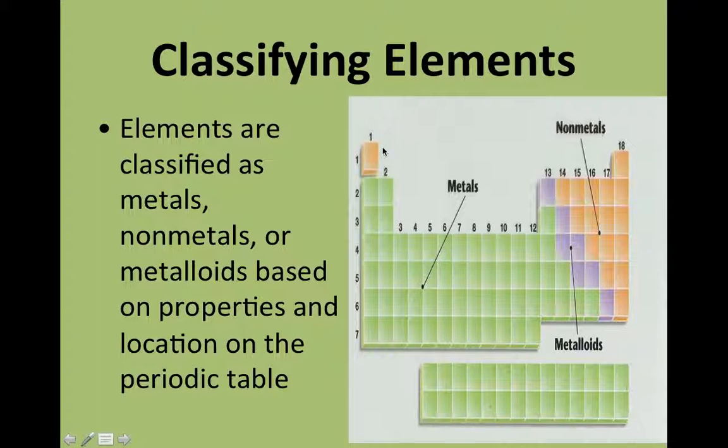Hydrogen's a gas, and the only reason why it's paired over here with this group in 1A is due to the 1 electron that it has. So it's kind of placed there by default due to that reason, but it's technically a nonmetal. And then these right here in purple are called metalloids, and metalloids are basically those elements that have properties of both metal and nonmetal.